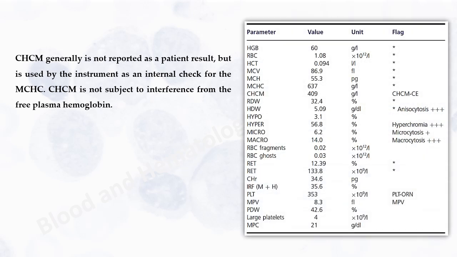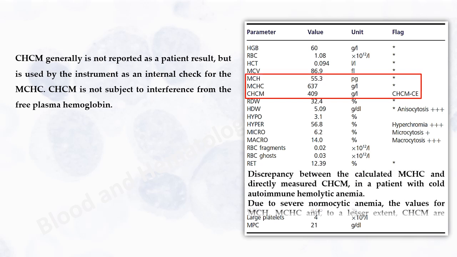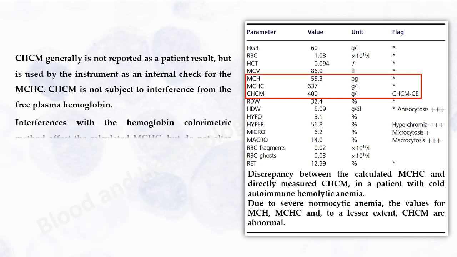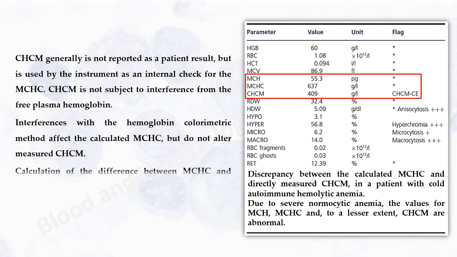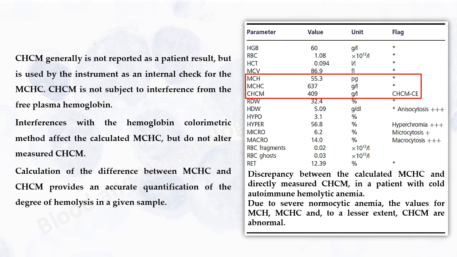CHCM is not subject to interference from the free plasma hemoglobin. Interferences with the hemoglobin colorimetric method affect the calculated MCHC but do not alter measured CHCM. Calculation of the difference between MCHC and CHCM provides an accurate quantification of the degree of hemolysis in a given sample.